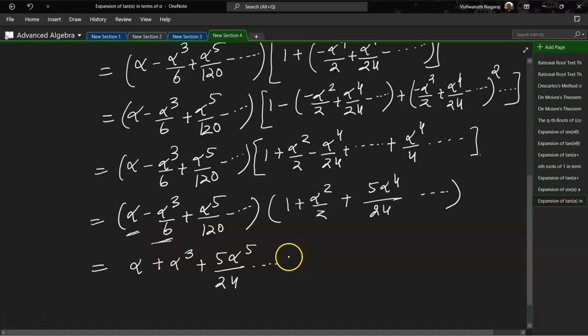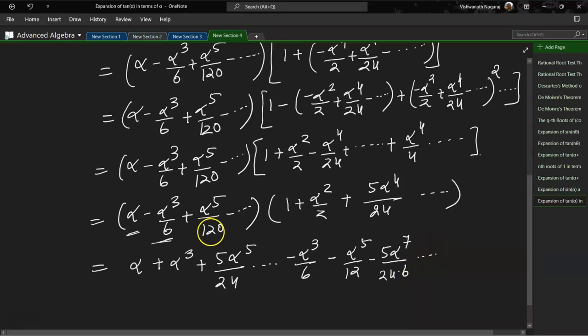We get minus alpha cube by 6 minus alpha 5 by 12 minus 5 alpha 7 by 24 times 6 and so on.